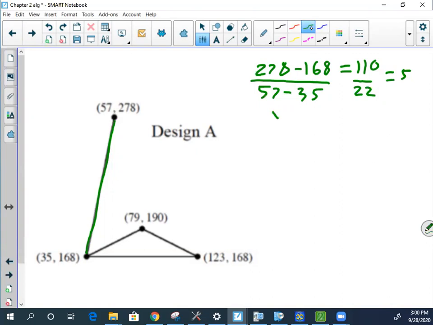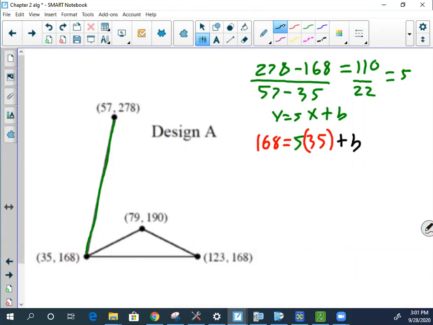So y equals 5x plus b. I'm going to choose a point here. I'm going to choose 35, 168 and substitute those values in. So I have 168 equals 5 times 35 plus b.